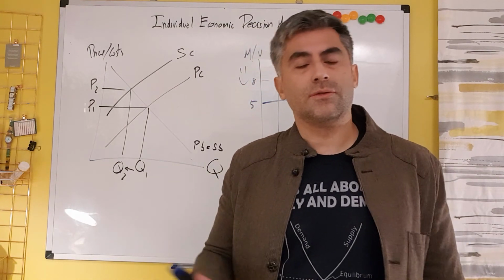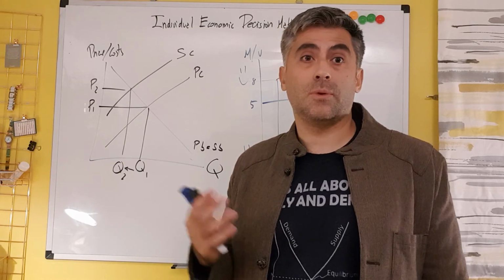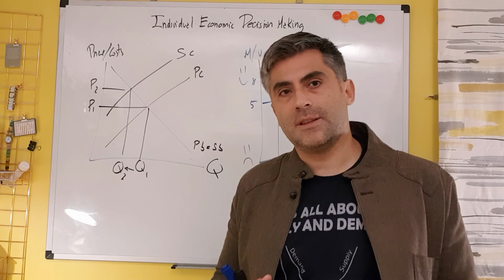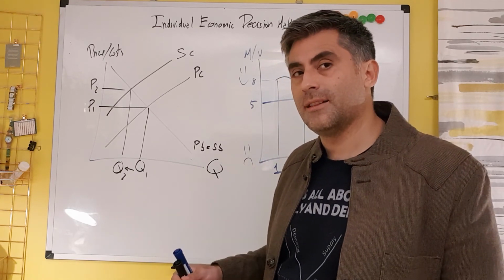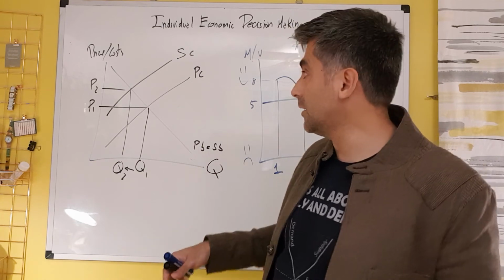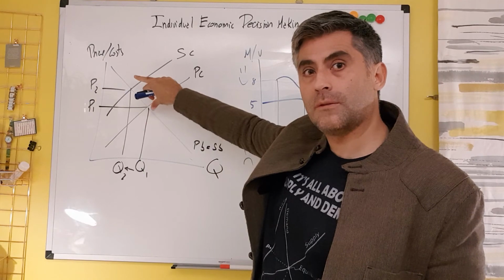Or a lot of our decisions, we necessarily don't make them thinking about society. We do them in a way that we're selfish about the benefit. So hence you can show the damage or the impact on society by breaking the curve into two.